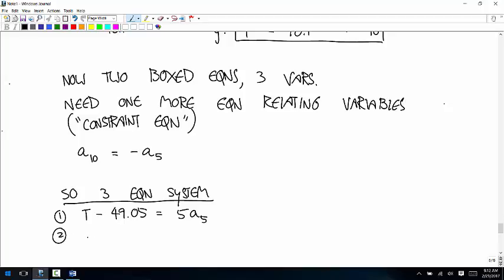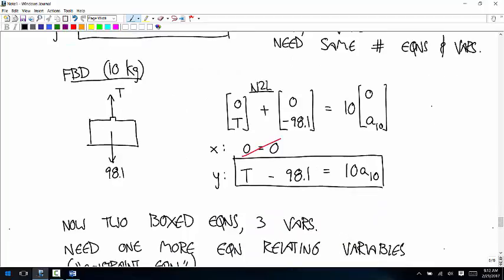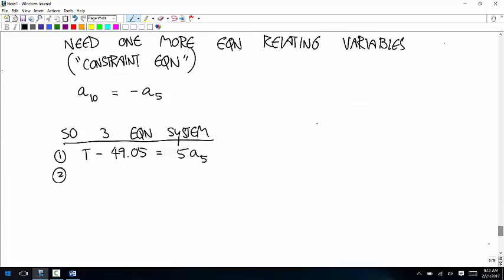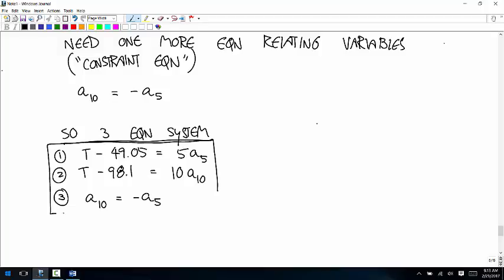Our second one says T minus 98.1 is equal to 10a10. And our third one says a10 is equal to negative a5. That's 3 equations for 3 variables.